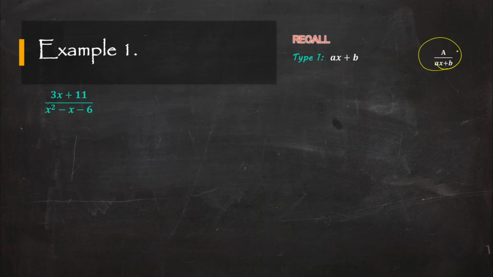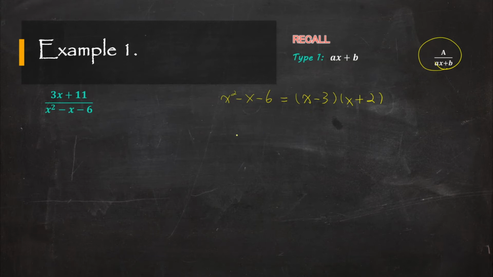So the first thing is we need to factor out the bottom, right? So here we have x squared minus x minus 6, and this can be equal to (x minus 3) times (x plus 2), right?